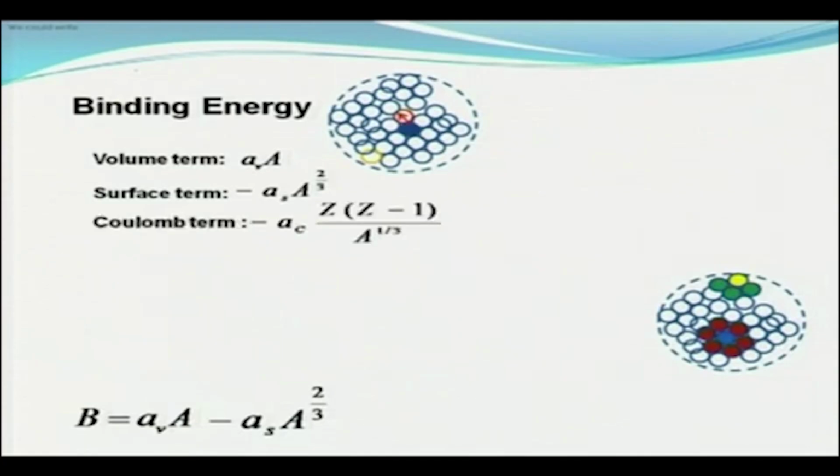If we have Z number of protons in the nucleus, then there will be Z times Z minus 1 pairs of this, and Coulomb force is proportional to 1 over r, and therefore, we expect this term to be proportional to Z times Z minus 1 divided by r, which is proportional to A power 1 by 3. And the proportionality constant here is taken to be a_c, and the effect is a reducing effect, therefore, there is a negative sign. So, the binding energy is all this with this Coulomb term added to it.